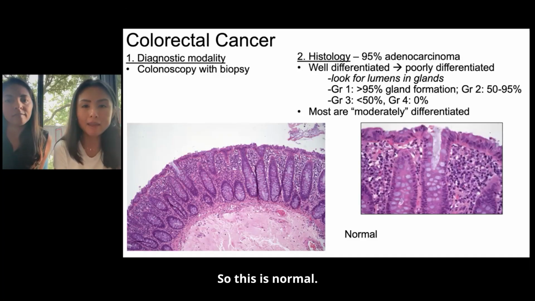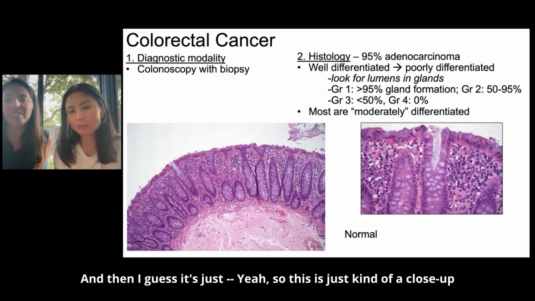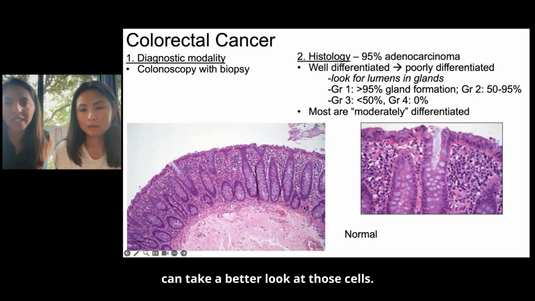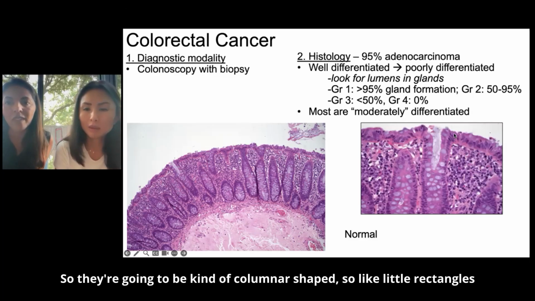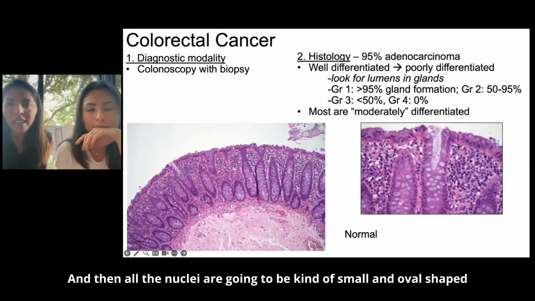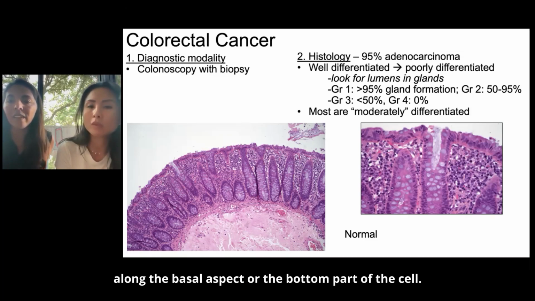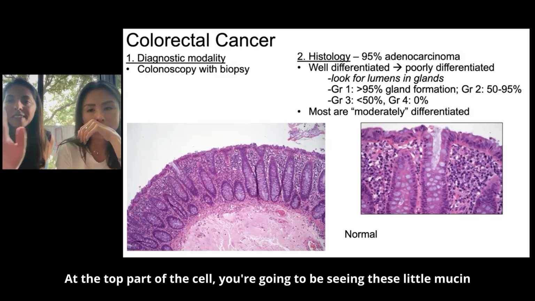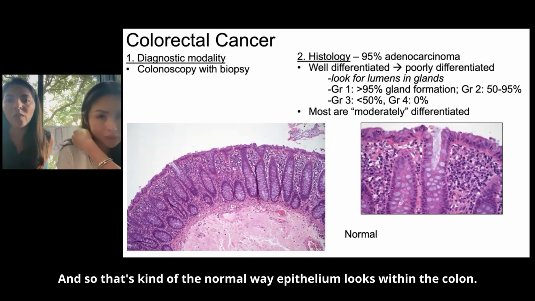Yeah, so this is just a close-up of that, so you can take a better look at those cells. They're going to be columnar shaped, so like little rectangles sitting on a basement membrane. And then all the nuclei are going to be small and oval shaped and aligned along the basal aspect, or the bottom part of the cell. At the top part of the cell, you're going to be seeing these little mucin vacuoles. And so that's the normal way epithelium looks within the colon.